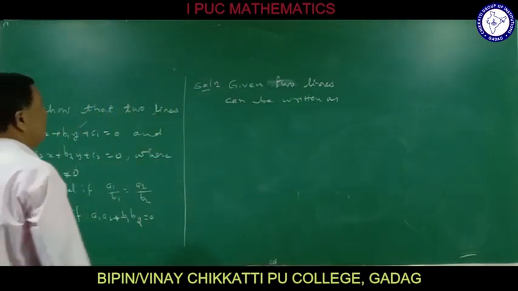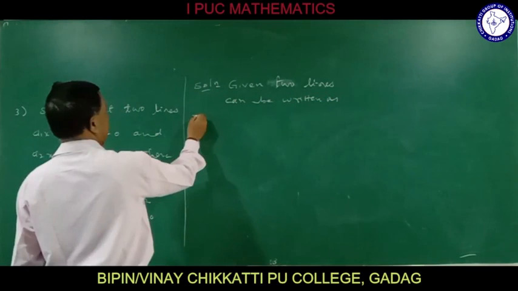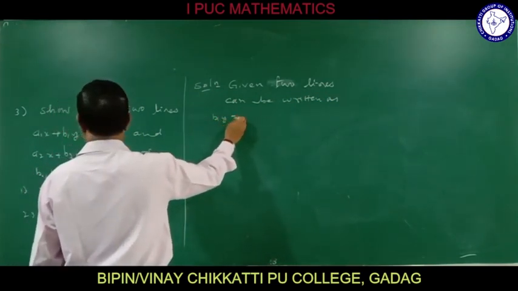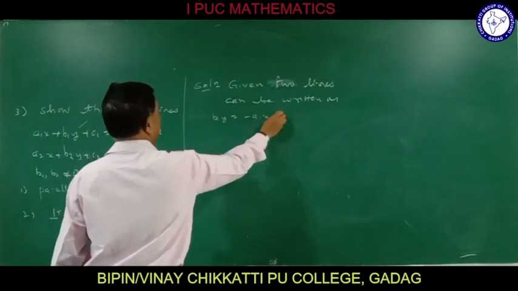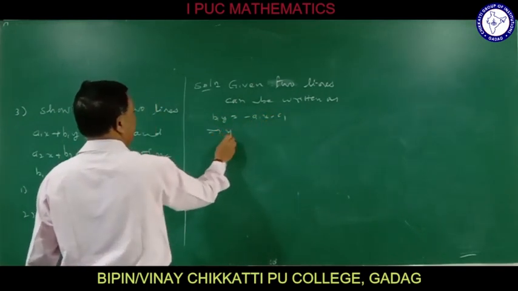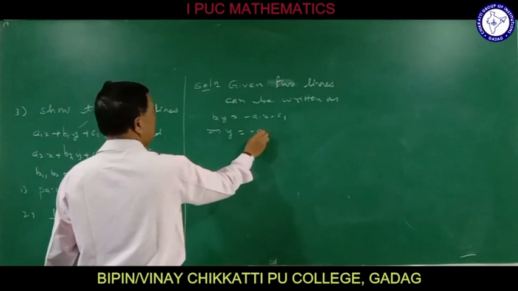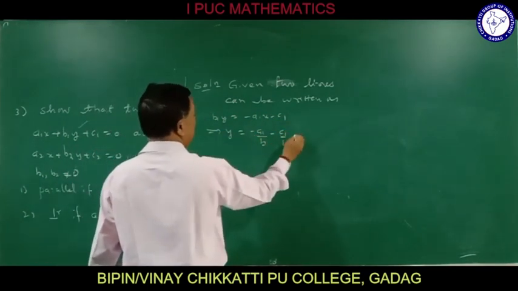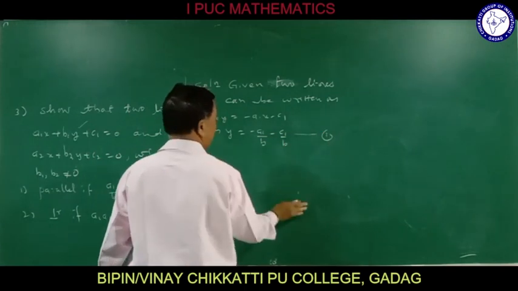We can write b1y is equal to minus a1x minus c1, so y is equal to minus a1 by b1 x minus c1 by b1, y equal to mx plus c. This is equation number 1.